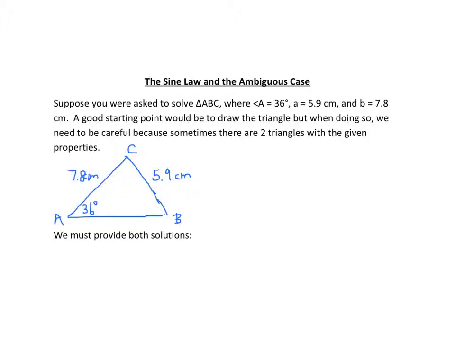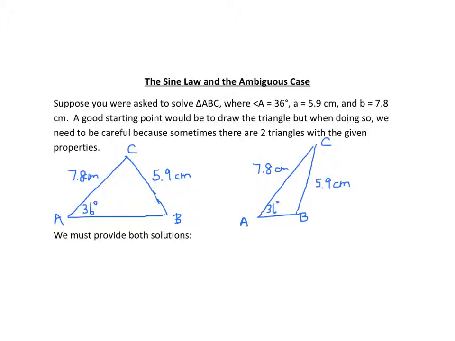But I could interpret this a little bit differently, and with the same measurements, I could create the triangle like this and say this is triangle ABC. This is still 7.8 centimeters, 36 degrees, and 5.9 centimeters here.